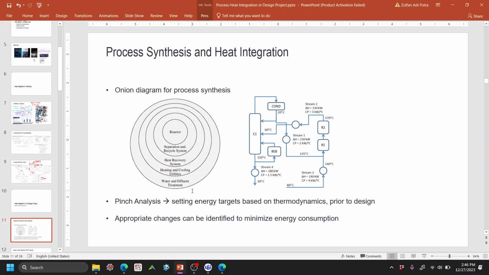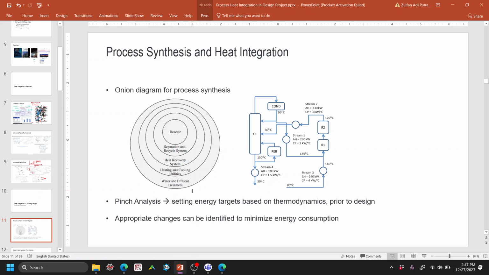The powerful nature of this pinch analysis or heat integration is that we can know what the target is, meaning the minimum energy that we have to fulfill into the plant, as in how much fuel we have to supply, and how much heat we have to discharge to the environment, as in the cooling tower. Right?